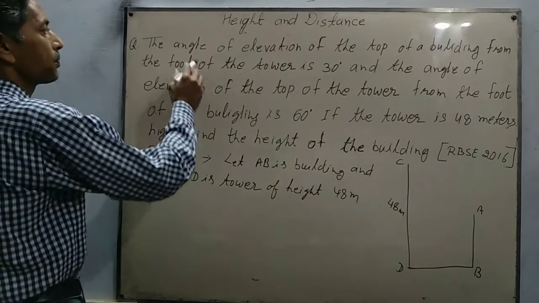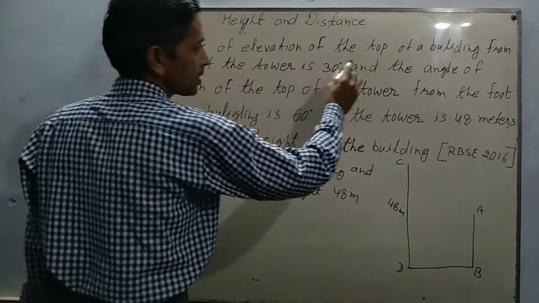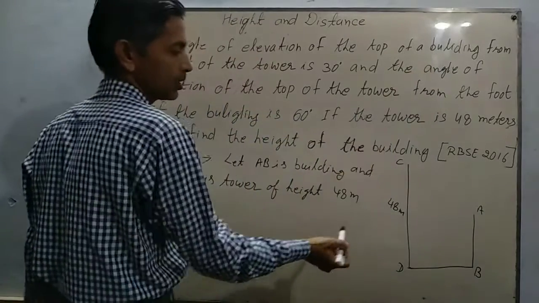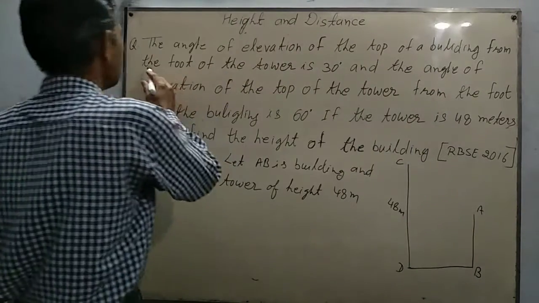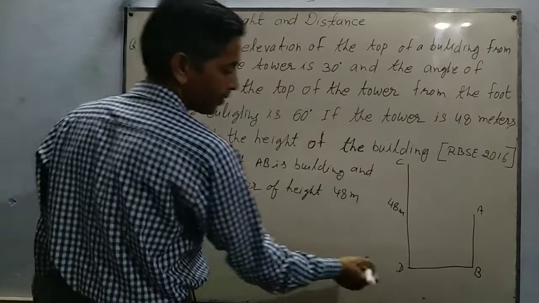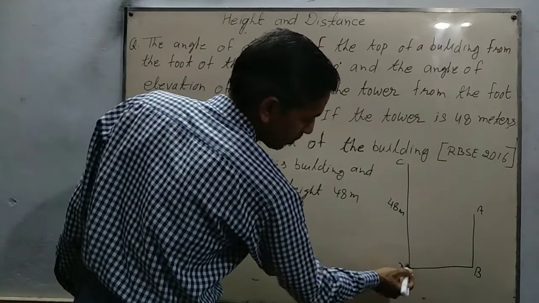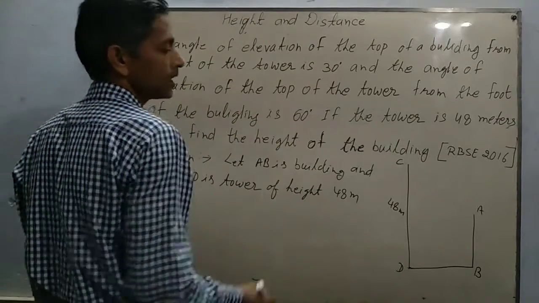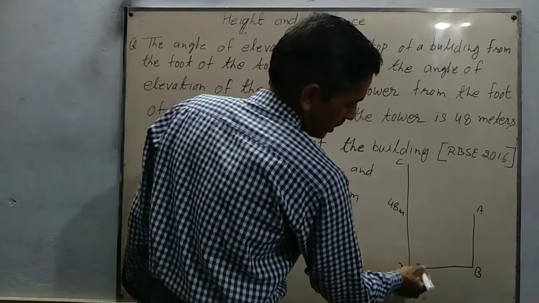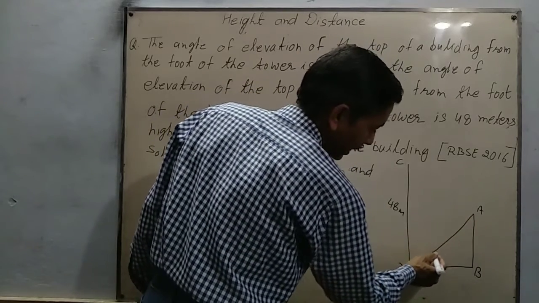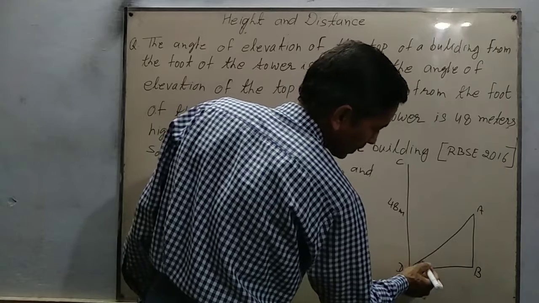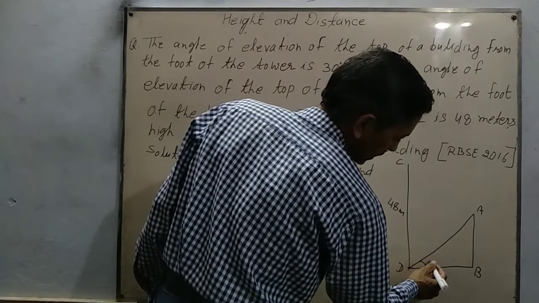According to question, angle of elevation of top of building, point A, from the foot of the tower, foot of tower means point D, is 30 degree.